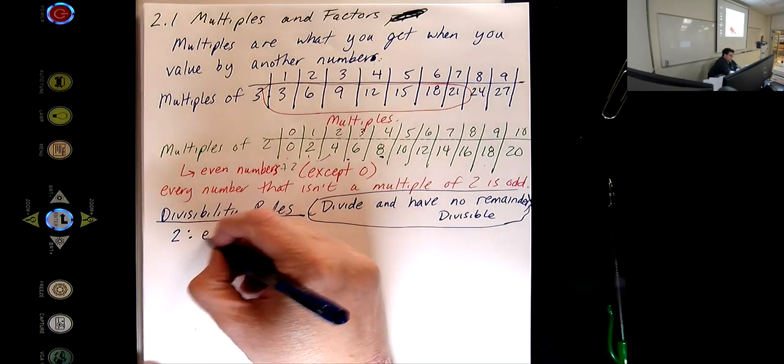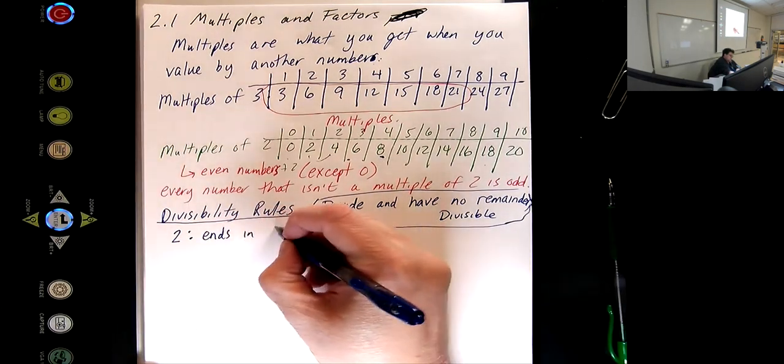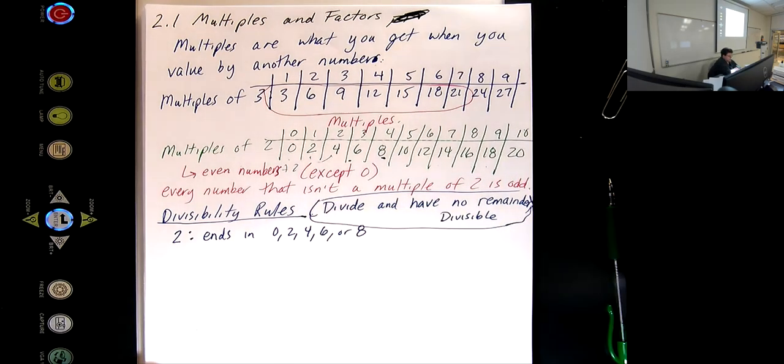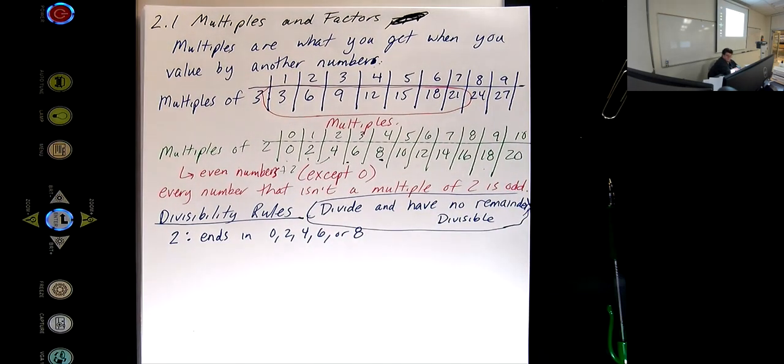So it ends in 0, 2, 4, 6, or 8. You'll get pretty used to it pretty quick because you just look at the last number. All the other numbers don't matter. It's just the last number. Is it a multiple of 2 or is it not a multiple of 2?